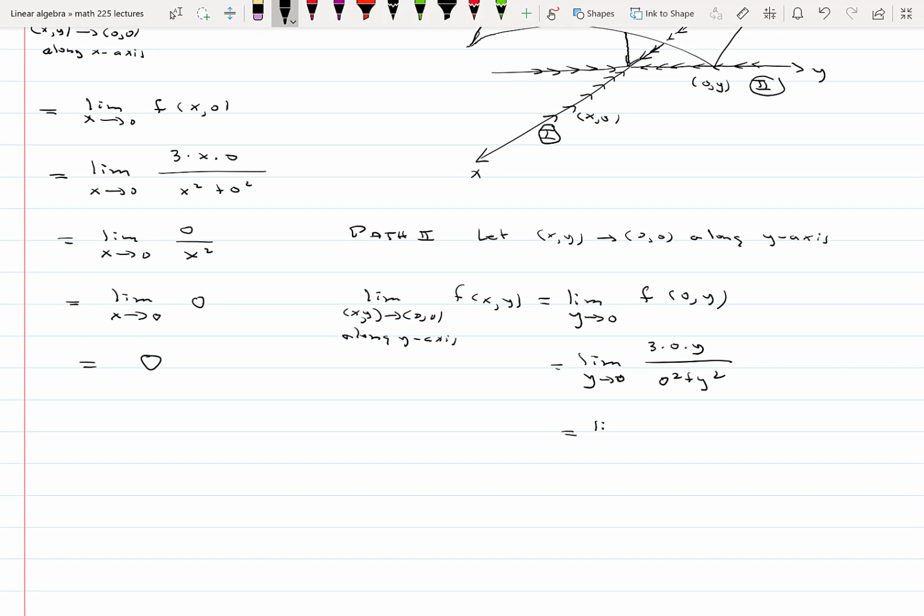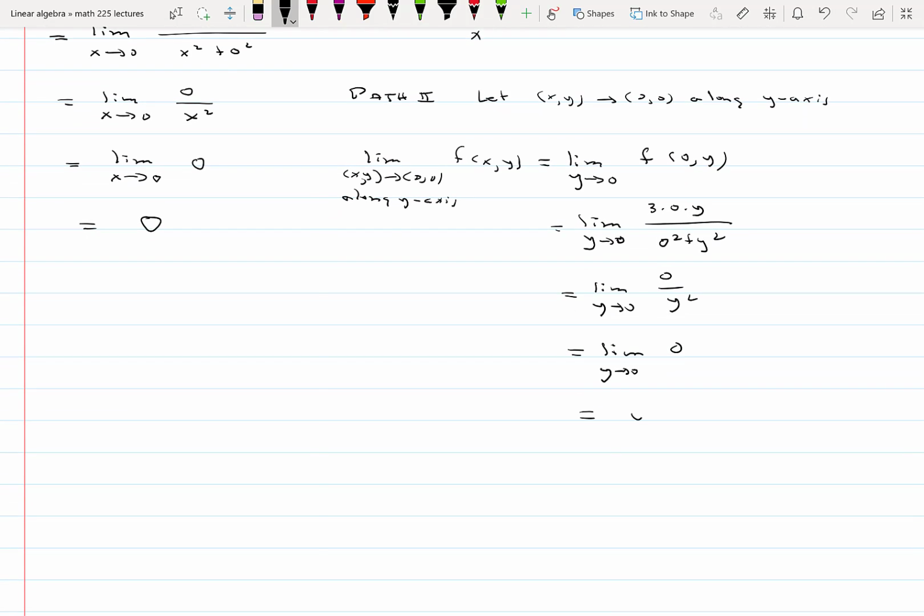This is the limit as y approaches 0 of 3 times 0 times y, which is 0, over y squared. 0 over any non-zero number squared is just 0, and we have a limit of 0. So as x and y approach the origin along the y-axis, the z values above us, if you will, approach 0. So far, it's looking like this limit, if it's going to have a value, should have a value of 0.